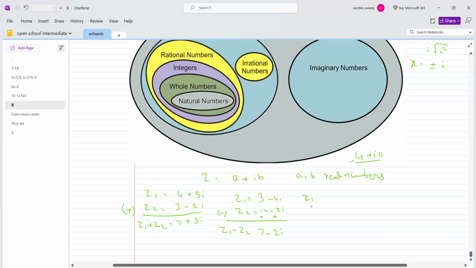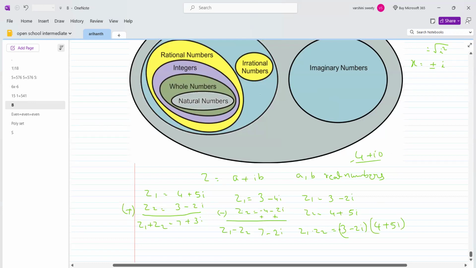Multiplication. Z1 equals 3 minus 2i, Z2 equals 4 plus 5i. If I want to multiply, how do we multiply in an algebraic expression? In a similar way, we multiply 3 minus 2i into 4 plus 5i.